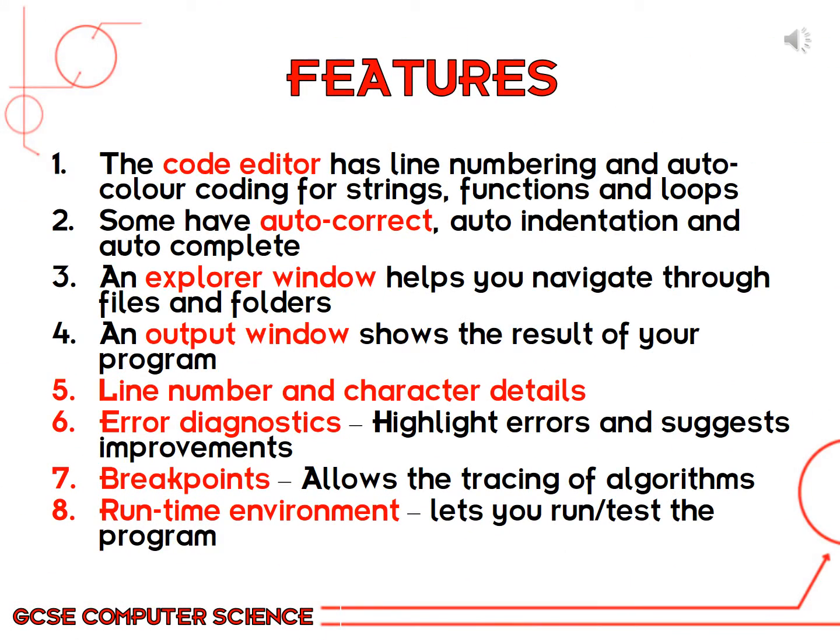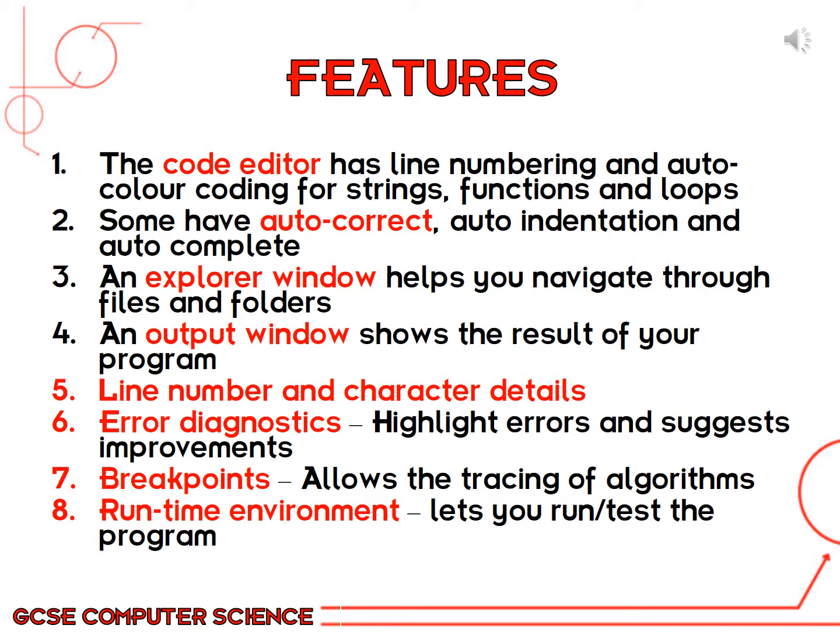So there are a number of different features of an IDE. First one is obviously the code editor. The best thing about a code editor is it often has line numbering, which means you can find where you've made a mistake. It's also got auto color coding for certain things, like in Python, strings, functions, and loops. You've also got autocorrect, auto indentation, and autocomplete.